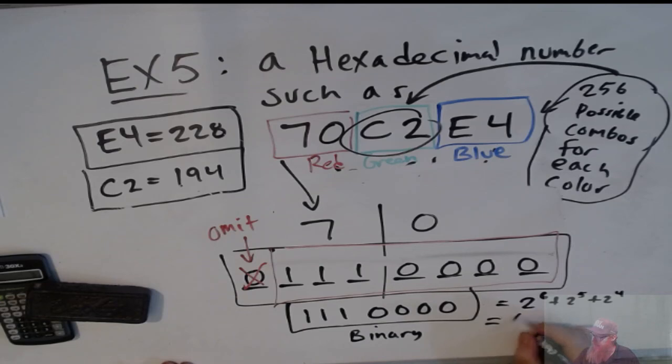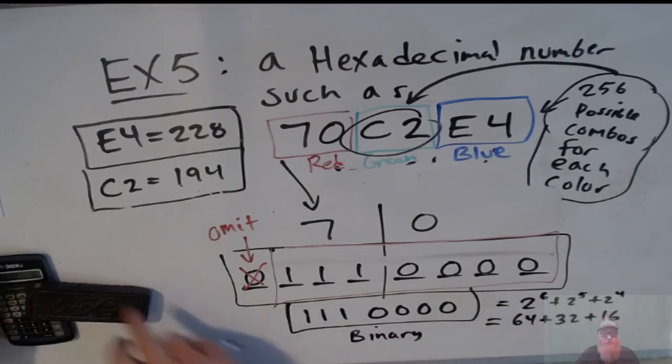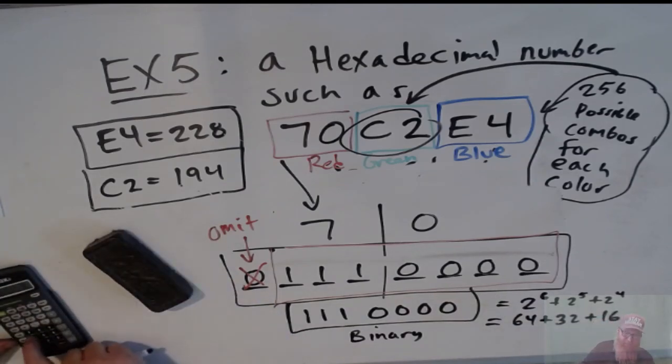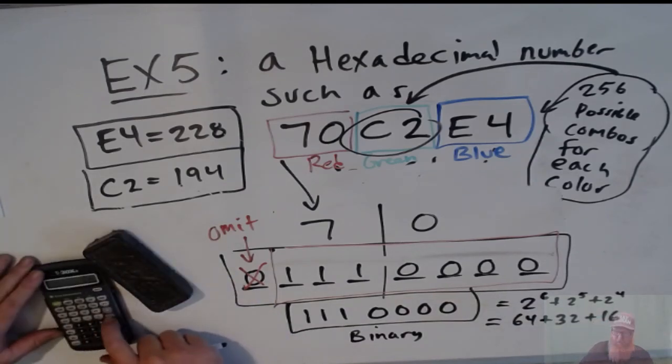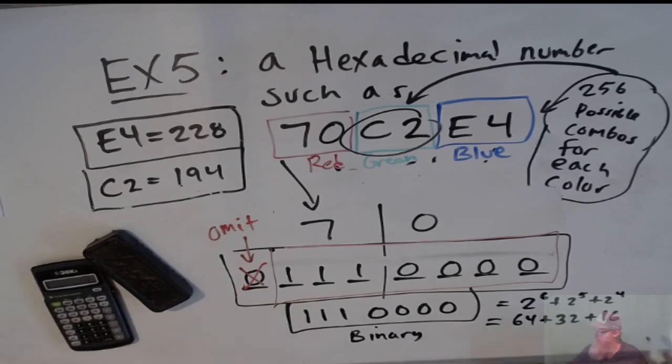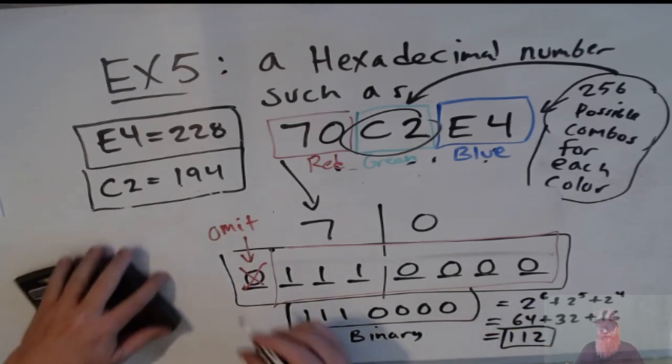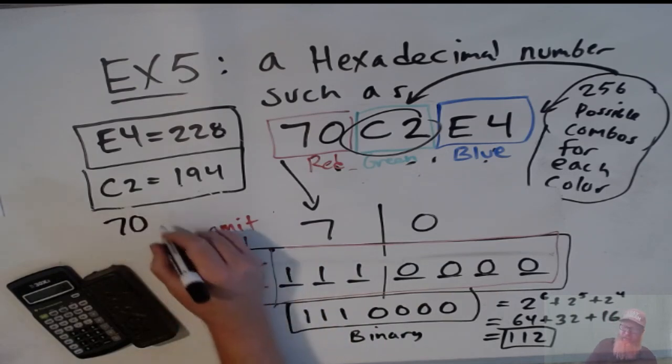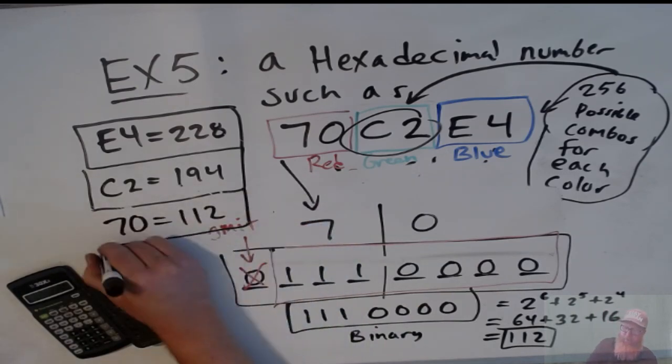So 2 to the 6th is 64. 2 to the 5th is 32. And 2 to the 4th is 16. So 64 plus 32 plus 16 is 112. So the color 70 is 112.